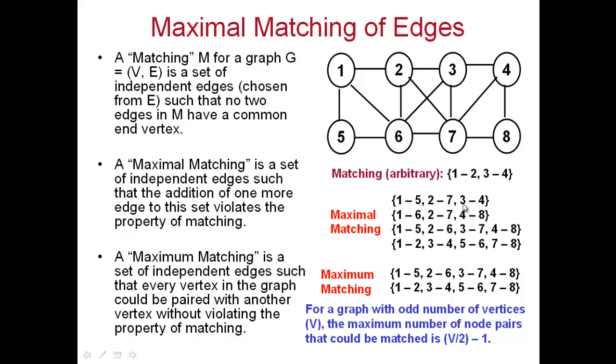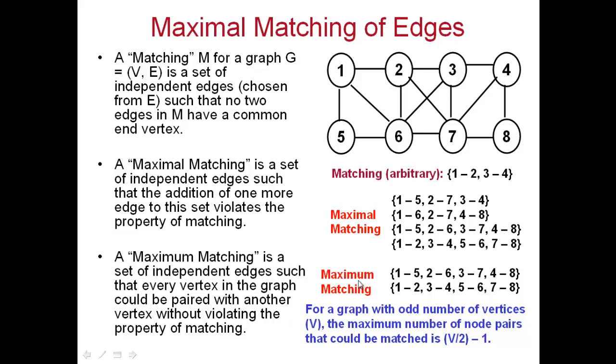So 1, 5, 2, 7, 3, 4 satisfies the property of matching because no 2 edges have a common end vertex. But if I add any more edge from this graph to this set, it will violate the property of matching. Same thing with the other 3 cases. Now a maximum matching is a set of edges such that it satisfies the property of matching and we have paired every vertex with some other vertex.